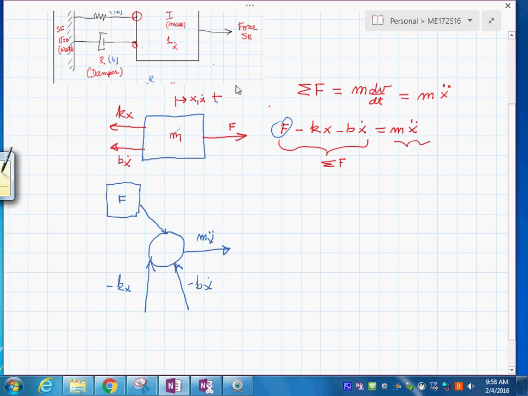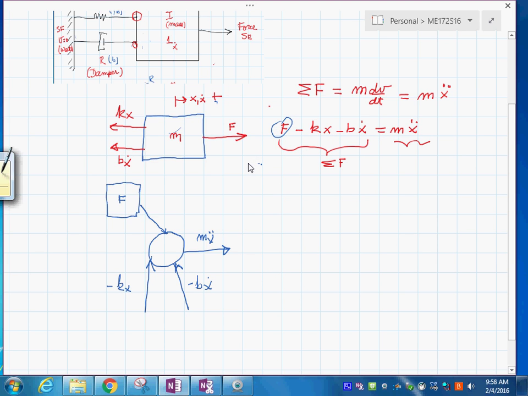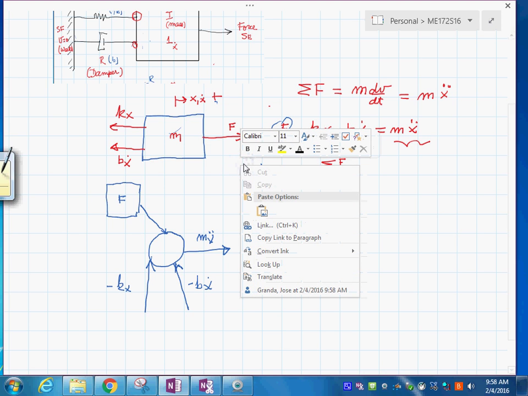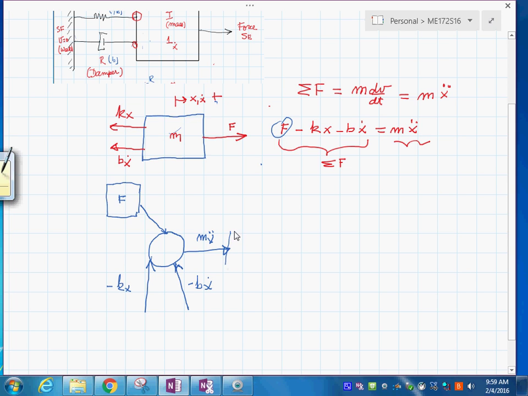Basically, what we have done is transform this summation, this differential equation, into this little picture. But the picture needs to be completed. If you multiply this by 1 over m, you obtain x double dot.